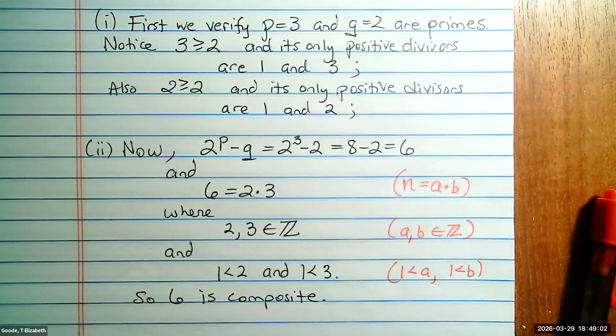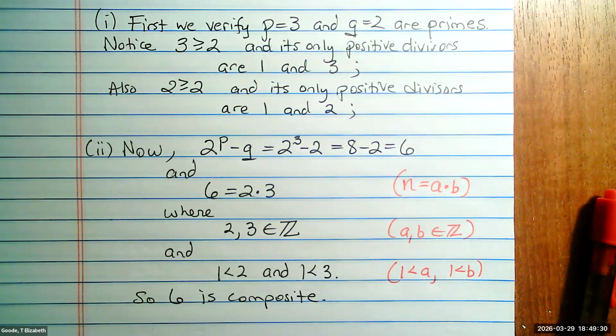And notice that Epps' definition of composite is more complicated than mine because she says n is equal to r times s for integers r and s. That's the same as the definition I gave you for composite, but she has a more complicated inequality about r and s. She says 1 is less than r is less than n, and 1 is less than s is less than n.